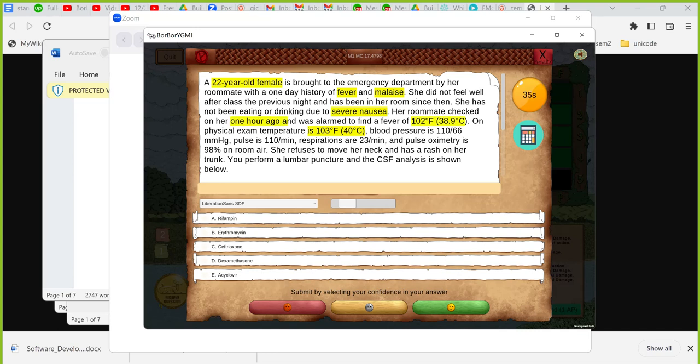On physical examination, the temperature is 103. Blood pressure is 110/66. Pulse is 110. Respiration 23 per minute. Pulse oximeter is 98% on room air. She refuses to move her neck and has a rash on her trunk. Perform a lumbar puncture and CSF analysis is shown below.